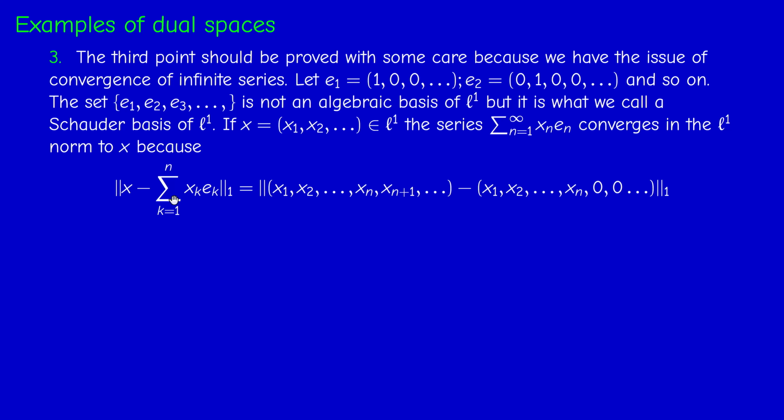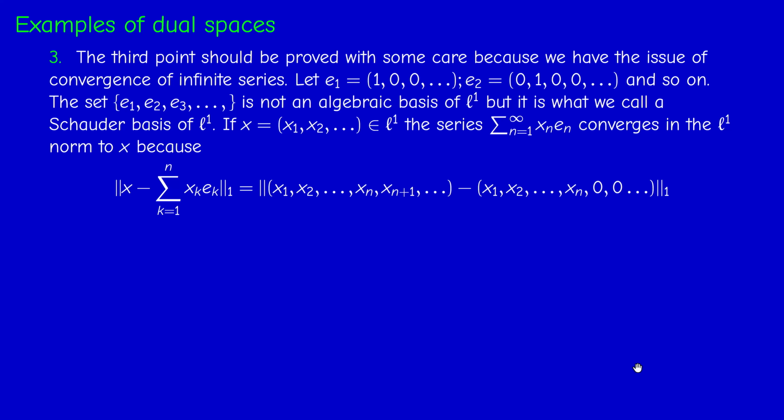We evaluate the distance between x and this partial sum, in norm L1. x is an infinite sequence, as we know. The partial sum is an infinite sequence whose first n terms are x1, x2, ..., xn, and all the remaining are 0.